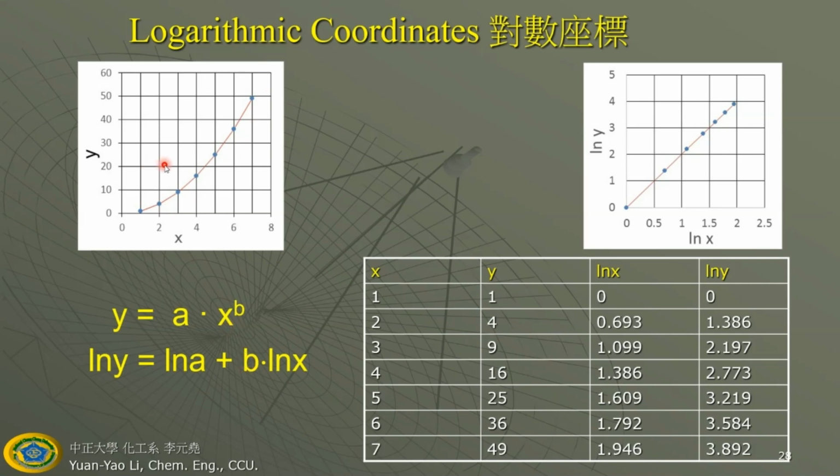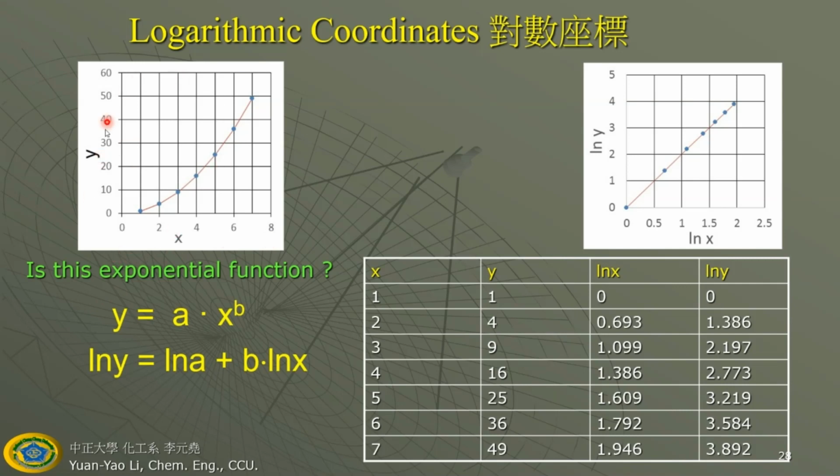If you know this follows the power law, you can plot something like this, right? That's what we learned in the previous example. So you use natural log x and natural log y to plot something like this. But this is rectangular scale.